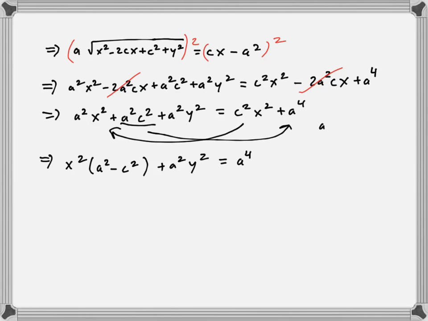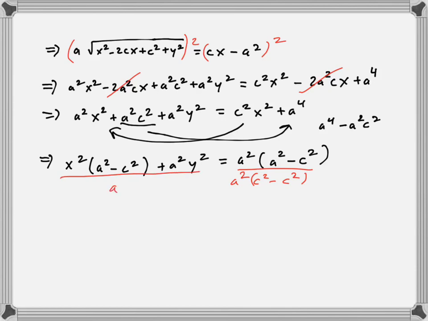So look, I have a to the fourth minus a squared c squared, but I'm going to factor out an a squared out of that. And so what I have on the right side is a squared times a squared minus c squared. Finally, if I divide both sides by a squared minus c squared, and also by a squared, what do I end up with?